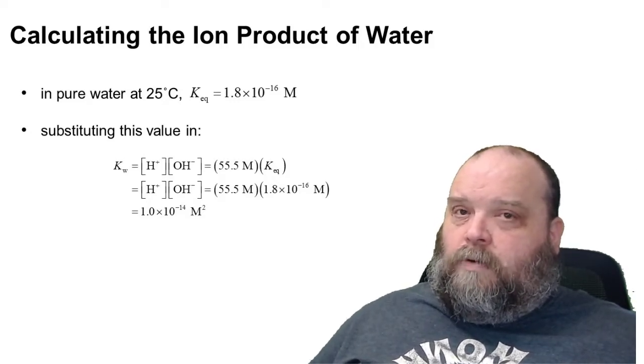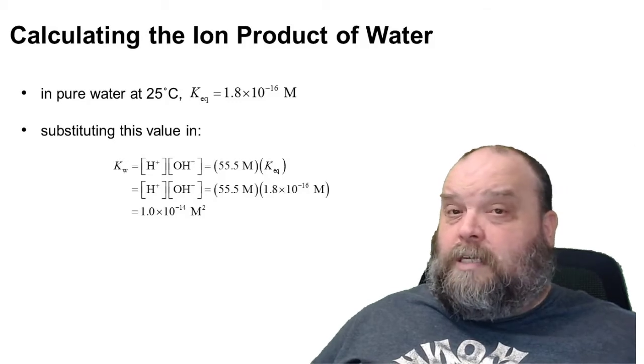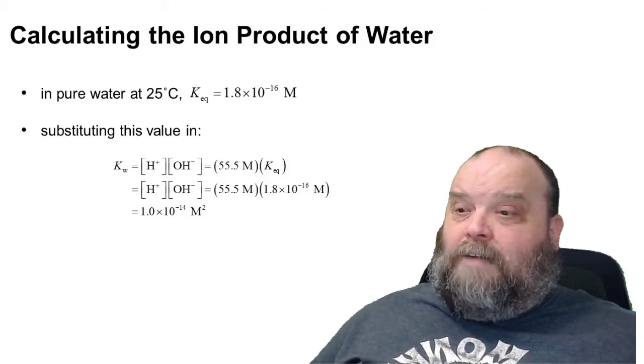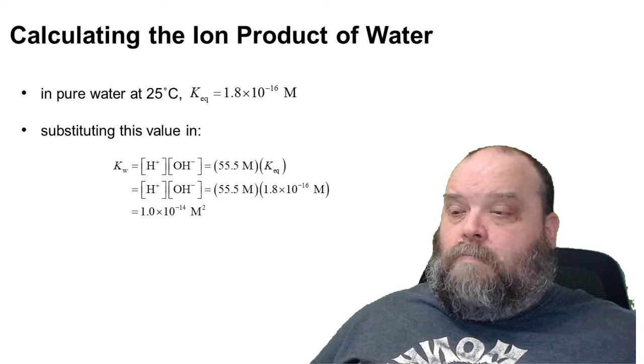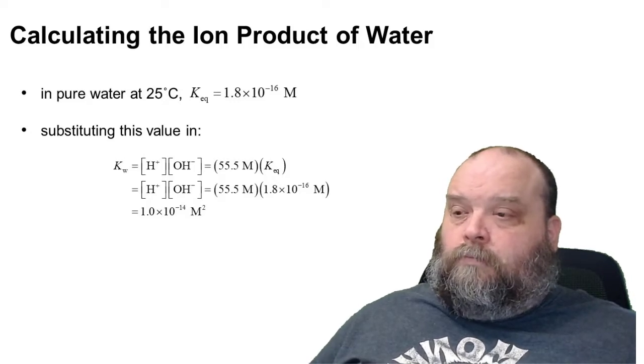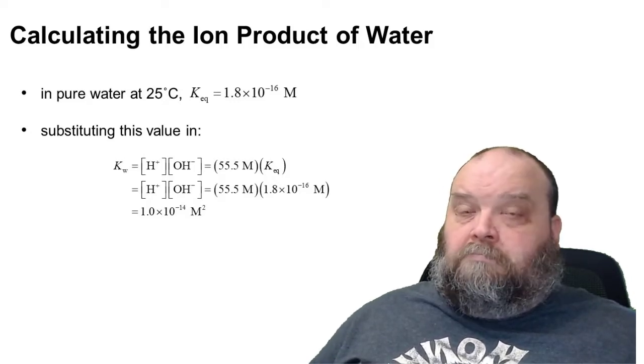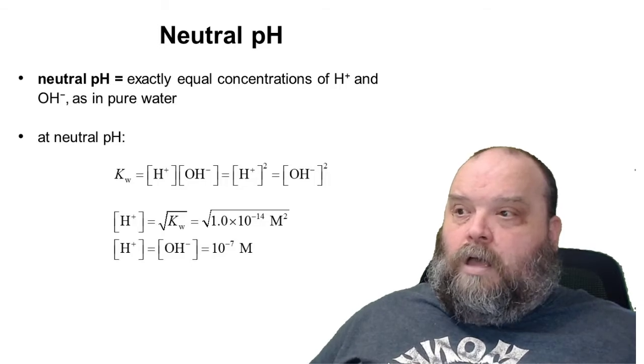Remember how you do your exponents. 1 times 10 to the negative 7 times 1 times 10 to the negative 7th is 1 times 10 to the negative 14th molar squared. Look, I know what I'm talking about.